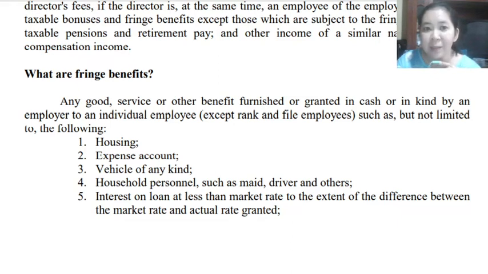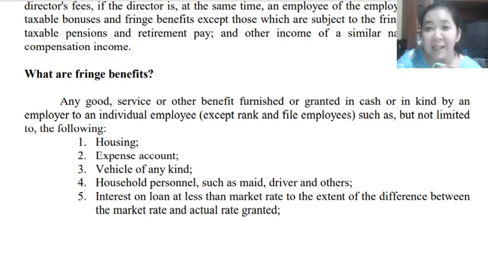So what is an example of fringe benefits that the top management employee can receive? This is in the form of housing, expense account, meaning there is an allowance given for expenses, vehicle of any kind, household personnel such as maid, driver, and others. So your employer can provide it for you.